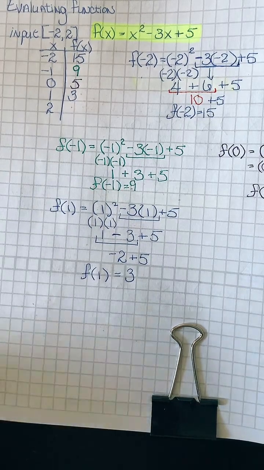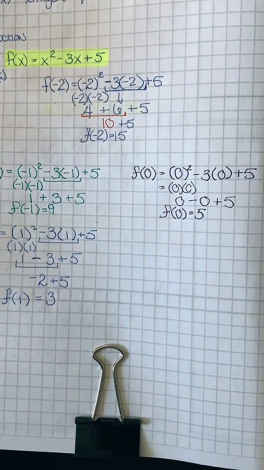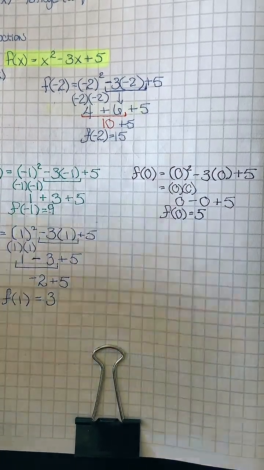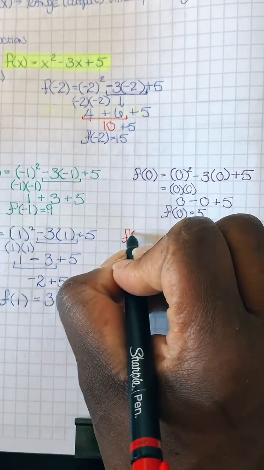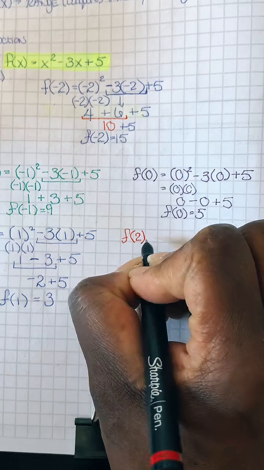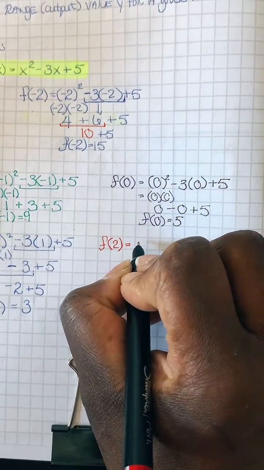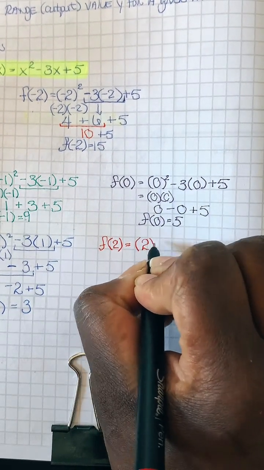Okay, so let's redeem ourselves. We got one more. This time we got the f of 2. We got this. Take our time with it. So wherever I see an x, I'm going to put a 2.